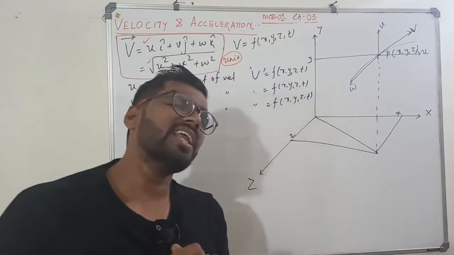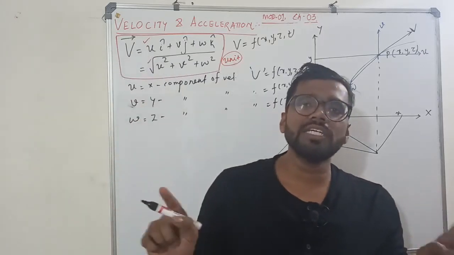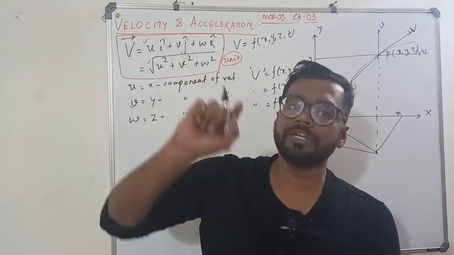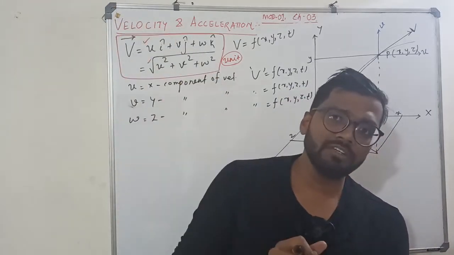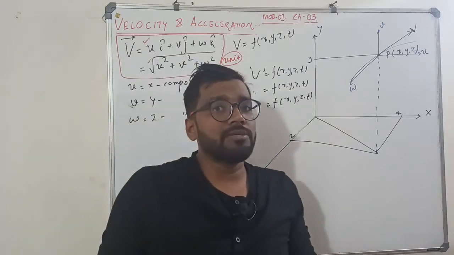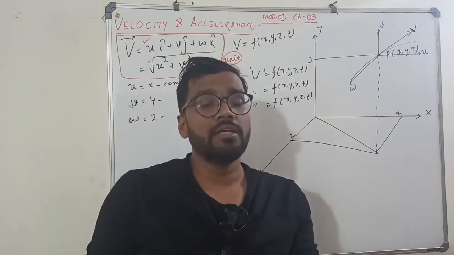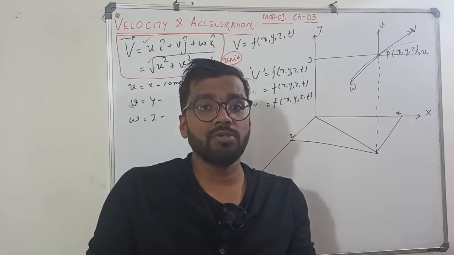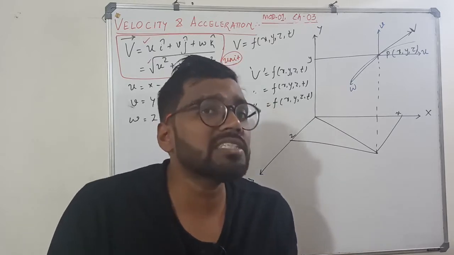Now what is my acceleration? Acceleration is the change in velocity with respect to time. But here you have so many variables. That's why I cannot go for direct total differentiation. So what do we have to take? Partial differentiation.